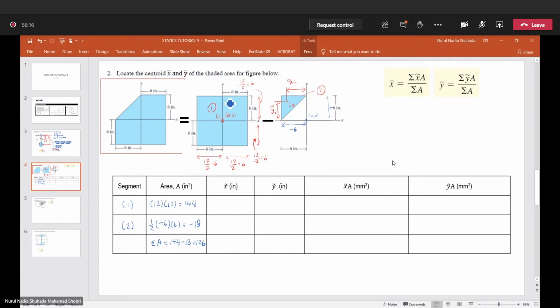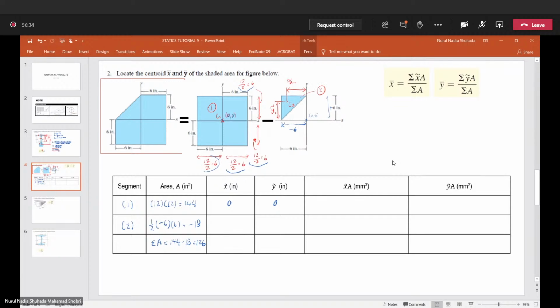So for segment 1, just now we already calculated this, and this. So we know that the centroid is actually at position 0, 0. Okay, so that means x is 0, y is 0.